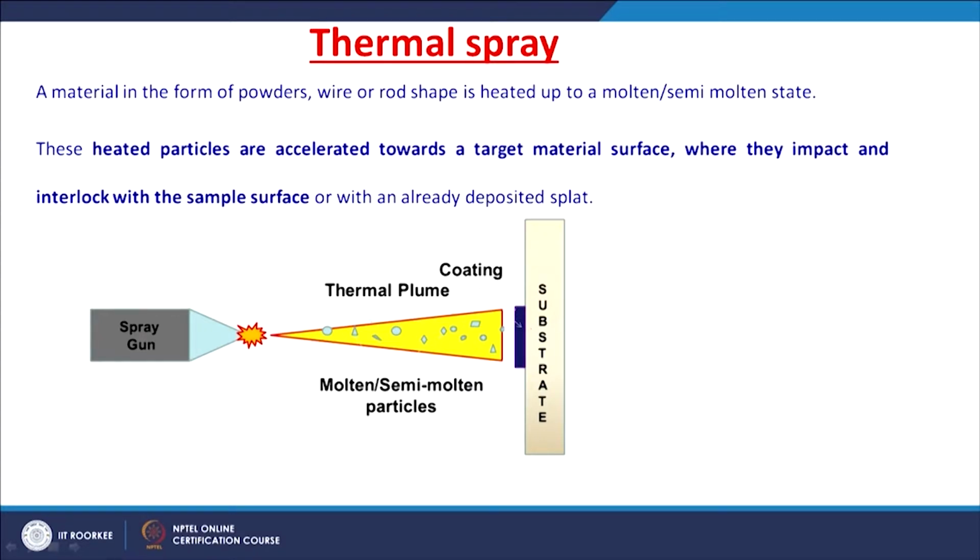After impacting they interlock with each other as well as the surface and then form a dense coating. If you look at this thermal spray technique, with variation in the movement of the spray gun as well as the distance between the substrate and the spray gun, we can actually have a variation in the coating.